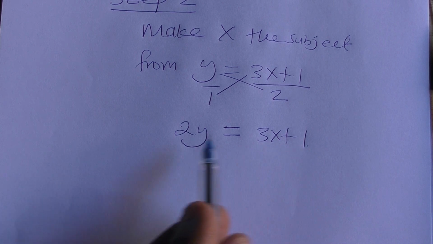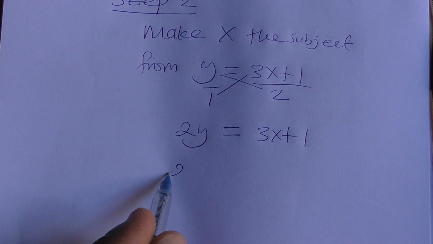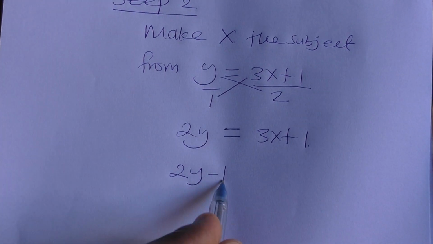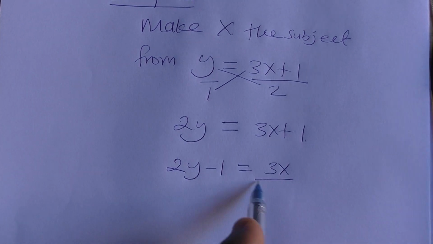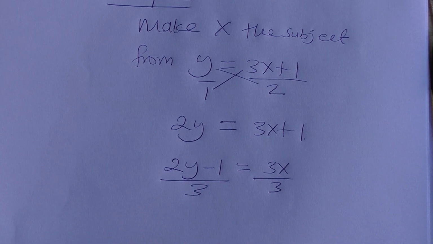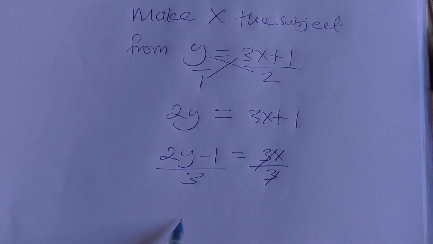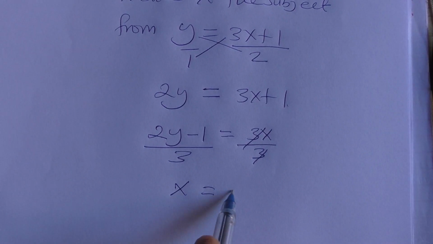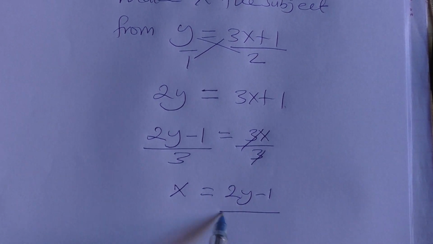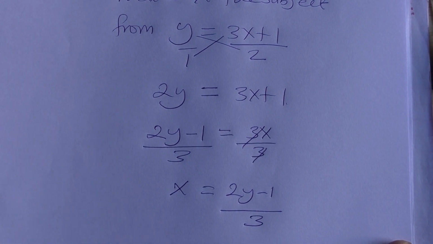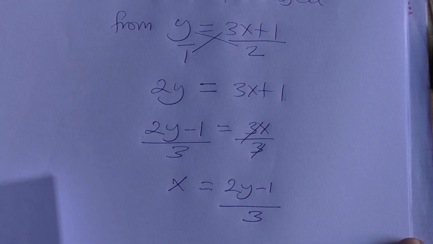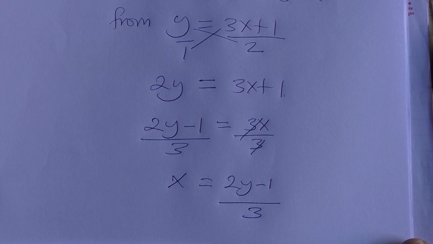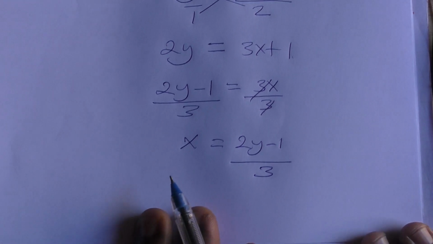We take 1 the other side, hence giving us 2y minus 1 equaling to 3x. We divide by 3 by 3, hence giving us x as 2y minus 1 over 3. That is our second step.